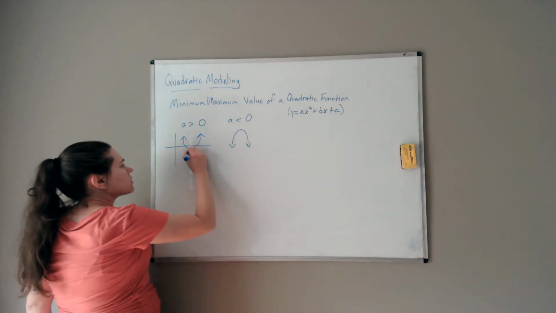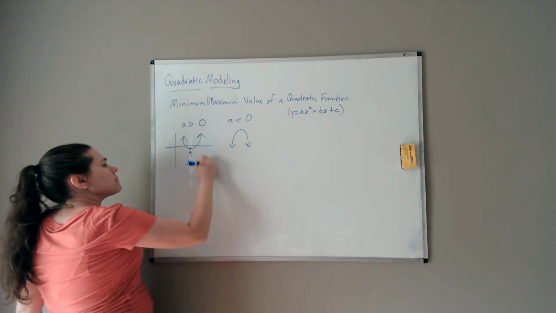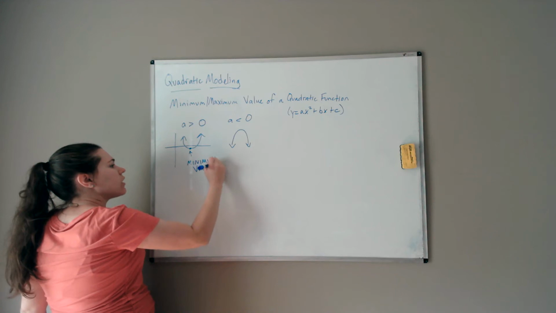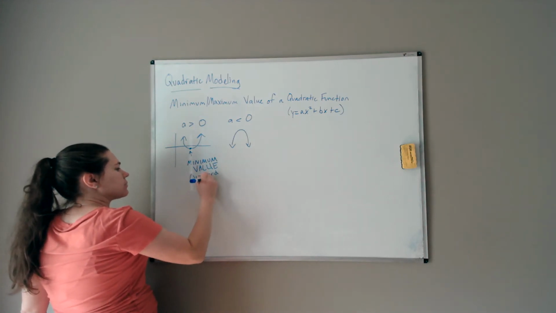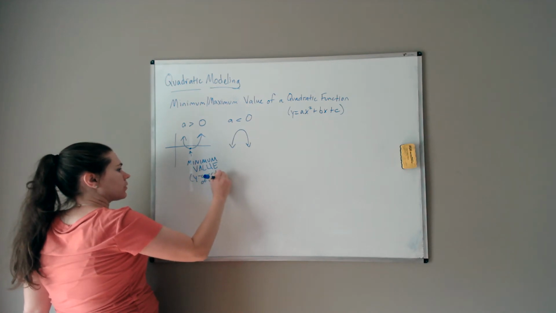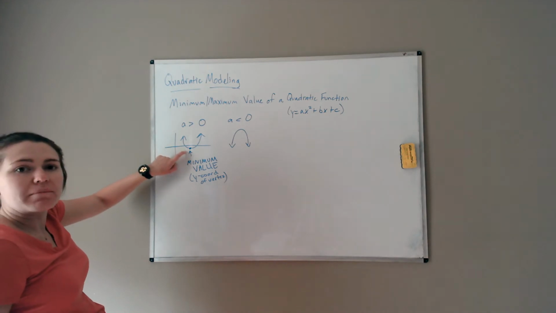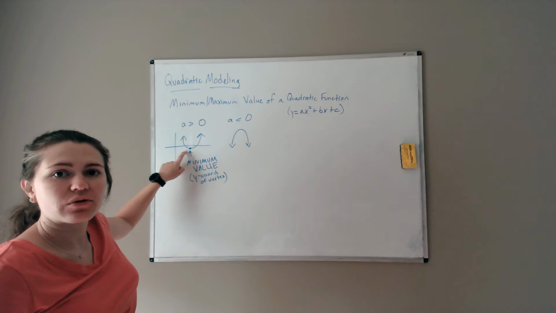So at the vertex, this is called a minimum value, but it's only the y coordinate of the vertex. So it hits a minimum y output, and that's called the minimum value of the quadratic.